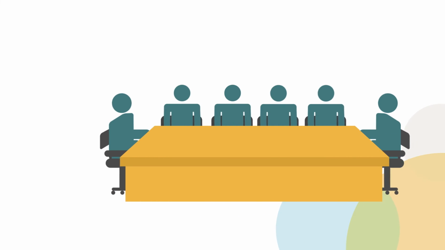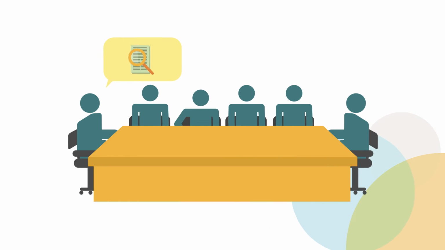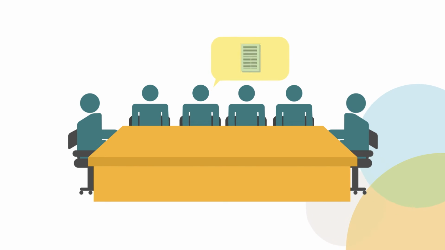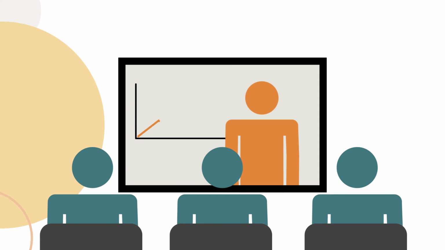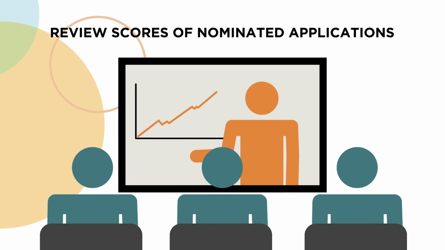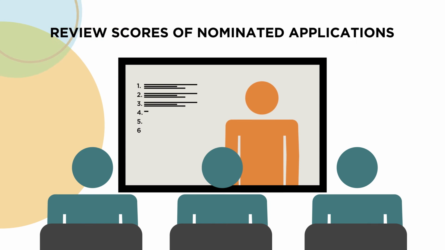The meetings are an opportunity for reviewers to raise specific questions or issues they have with the assessment of an application, and not an opportunity to rescue applications. The focus of each video conference will not be the ranking of individual applications, but rather the scores of nominated applications in relation to the assessment criteria.